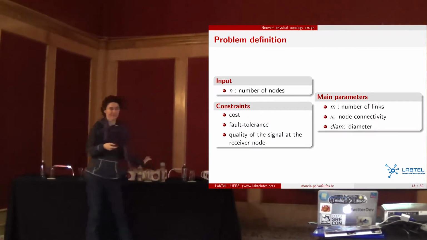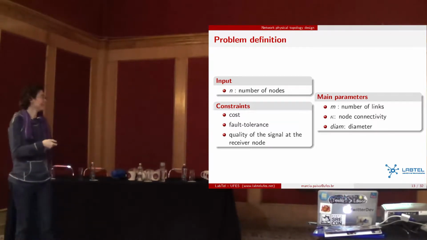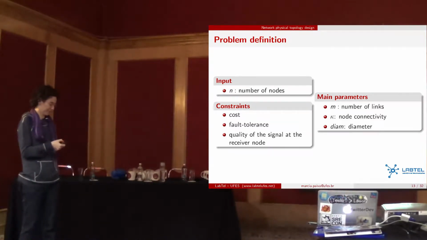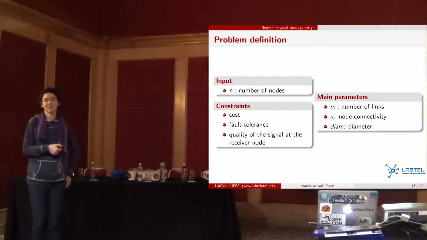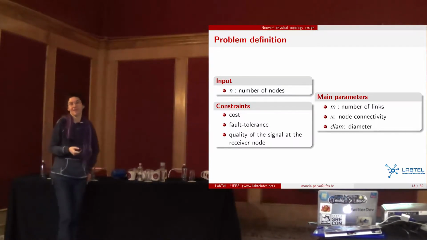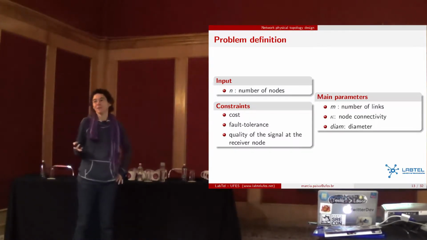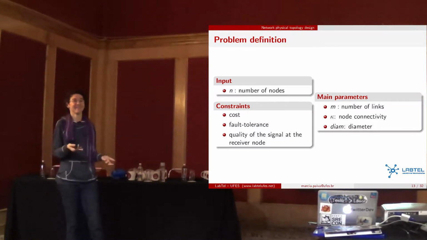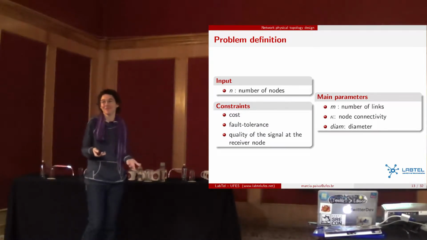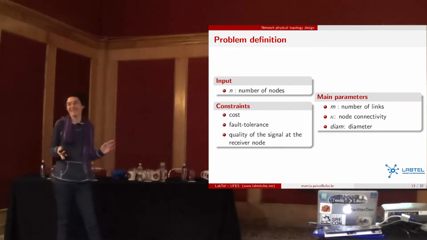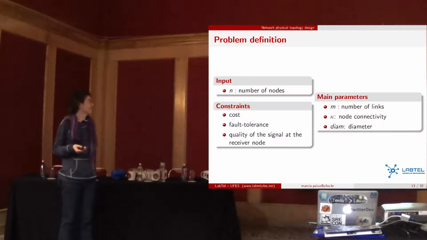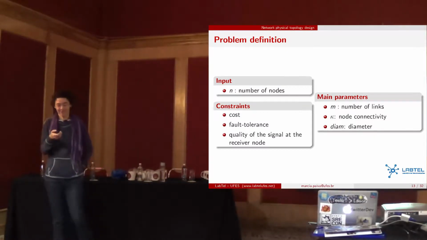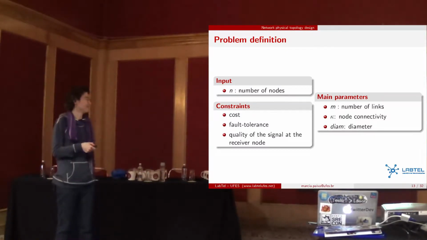So the problem is defined in this way. The number of nodes is the input, so we cannot choose. You cannot say, "Oh, I need a network which minimizes the number of nodes," but there's no constraint about the number of nodes. I never see that. So we assume here that the number of nodes is an input.